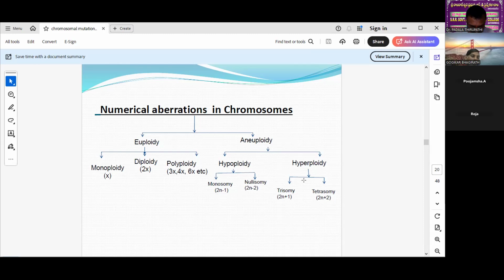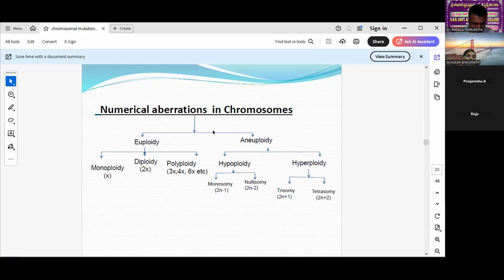But sometimes at the time of meiosis, due to abnormal behavior of the chromosomes, or any failure in the movement of the chromosomes with the help of spindle fibers, or when ATP is not available to pull the chromosomes towards the polar region, some physiological and biological factors influence the abnormal behavior of the chromosomes. The abnormal behavior of the chromosomes leads to a change in the number of chromosomes.